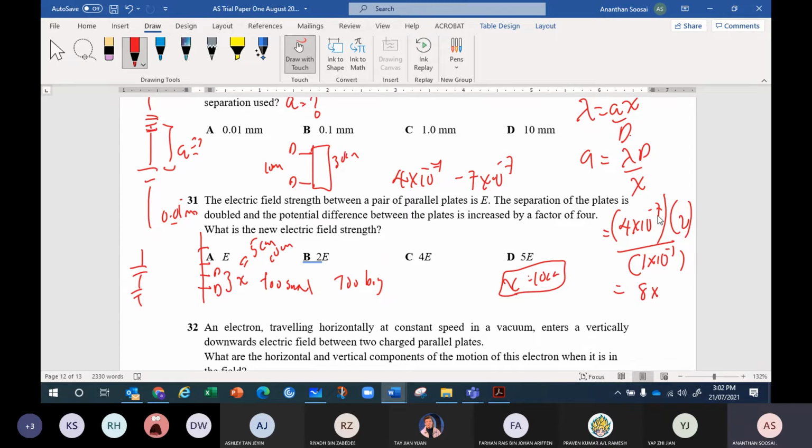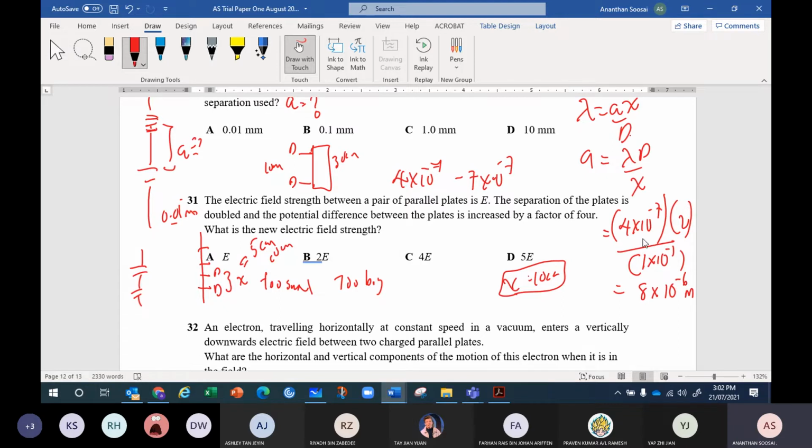So you get 8 times 10 power of negative 6 meter. It's quite big also. 4 times 10 power negative 7 times 2 over x, where x is 10 centimeter, 0.1, 1 times 10 power negative 1.